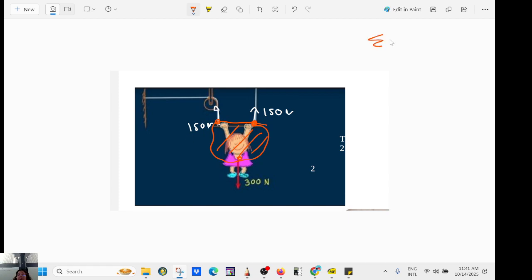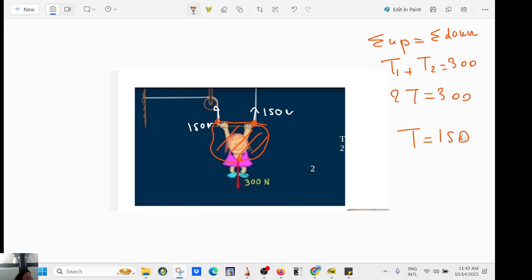So I can say everything up equals everything down. So up is T1 plus T2 equals 300. And because they have the same direction, they share. So 2T equals 300, so T equals 150. Good?